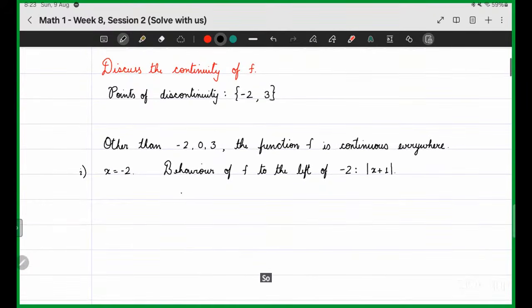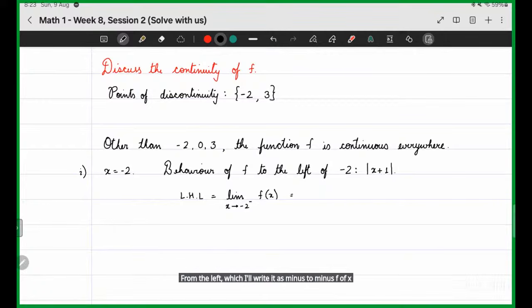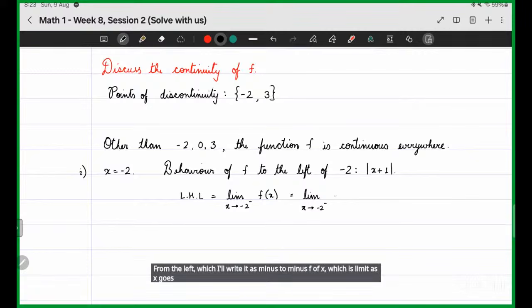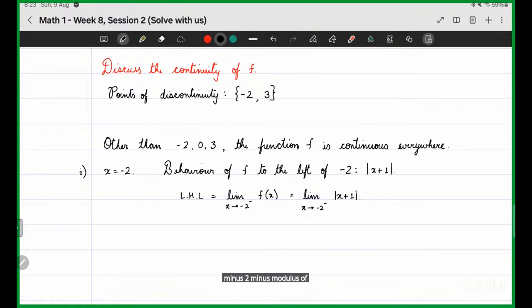So if I want to check the left-hand limit, I need limit as x goes to -2 from the left, which I'll write as -2 minus, of f of x, which is limit as x goes to -2 minus of modulus of x plus 1. And how would I evaluate this? Just substituting -2 in x. If I substitute -2, I'll get this as 1.